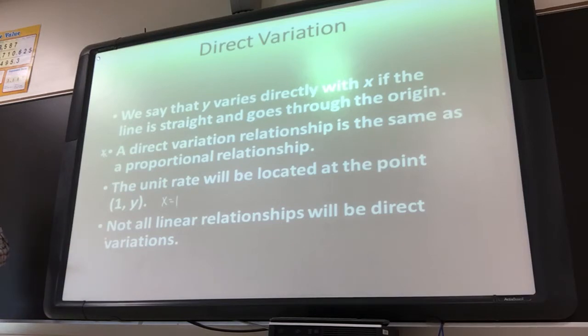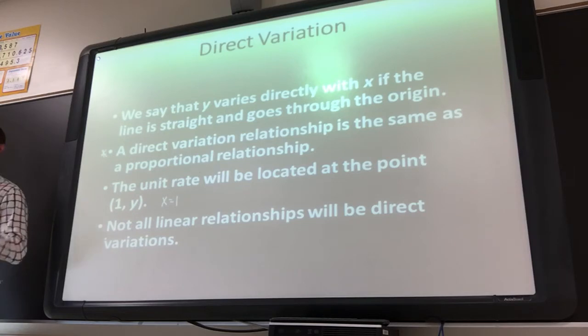Okay, and this last point, not all linear relationships will be direct variations. So a linear relationship means, what does it make? A straight line. Why would not all straight lines be direct variations, or not all straight lines be proportional? Why would that be the case?